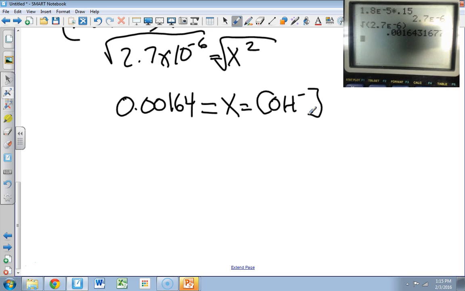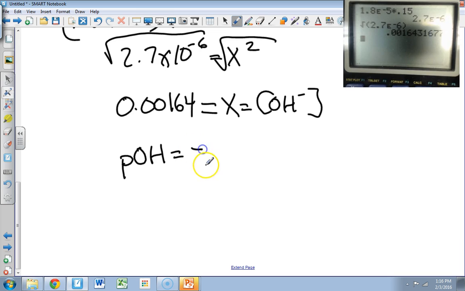We can either calculate the pOH directly and then go to the pH, or we can calculate the hydrogen ion concentration, or the hydronium ion concentration, and then calculate the pH. Either one is acceptable, but I prefer to calculate pOH because the math is just a little easier.